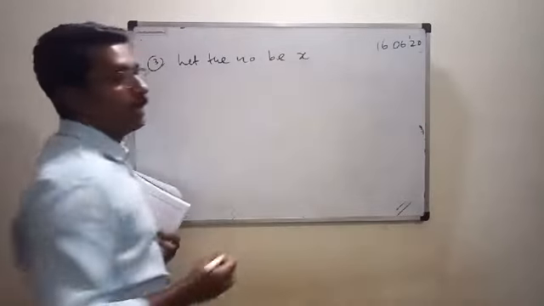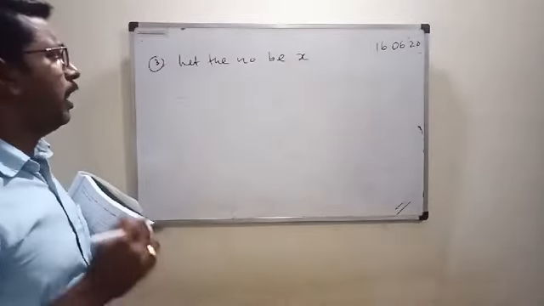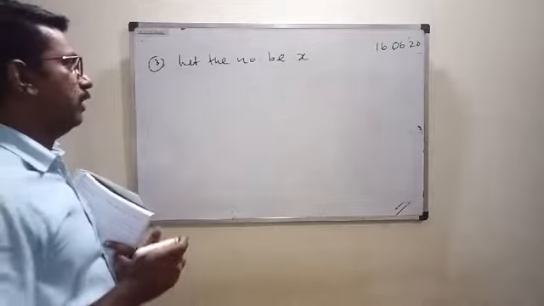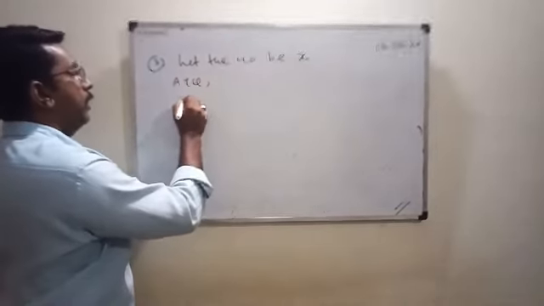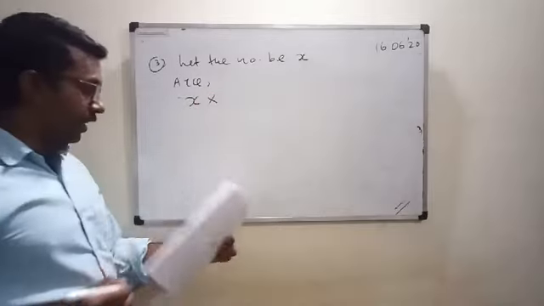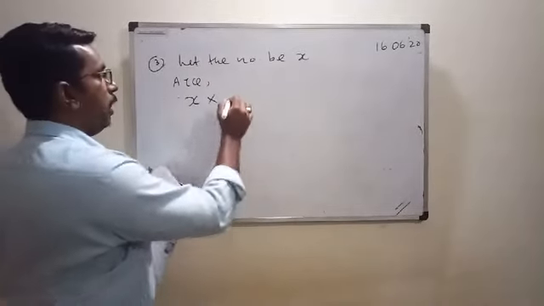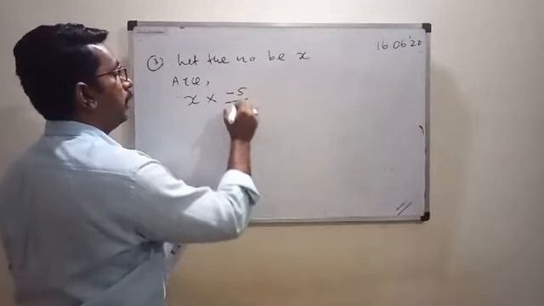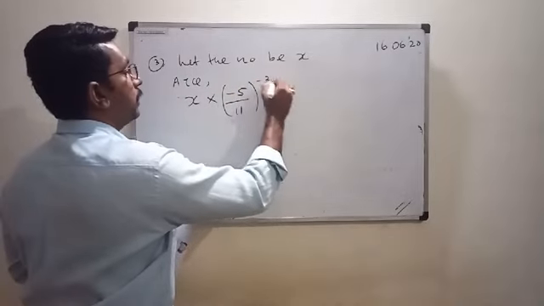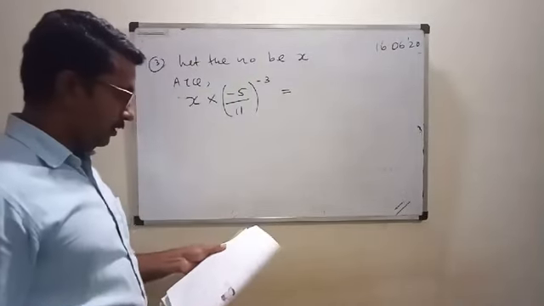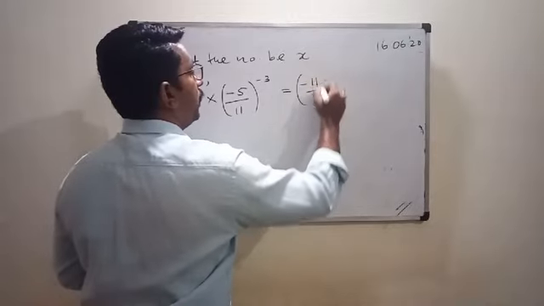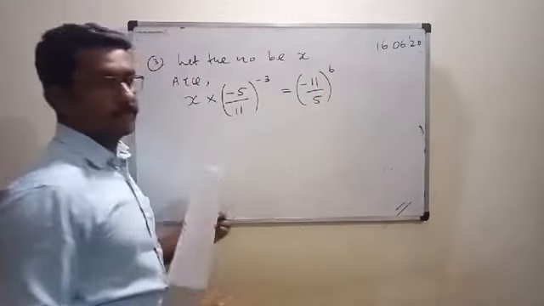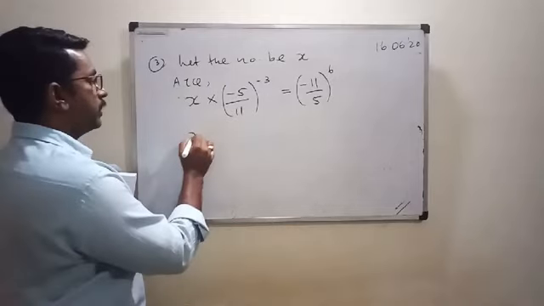So we can assume let the number be x. We are going for application of a linear equation. Then according to the question, x is multiplied by which one? Minus 5 upon 11 to the power minus 3. You get the answer minus 11 upon 5 to the power 6. Then what is x?